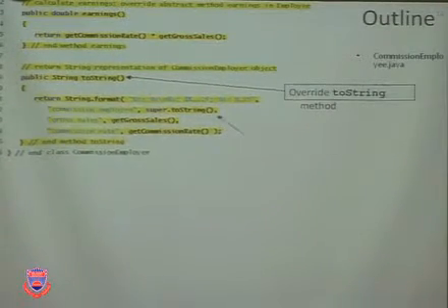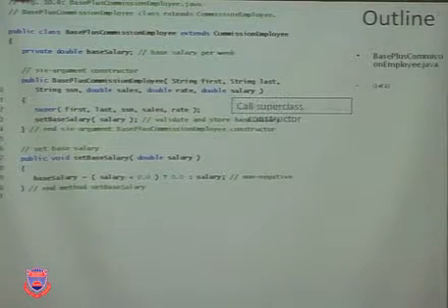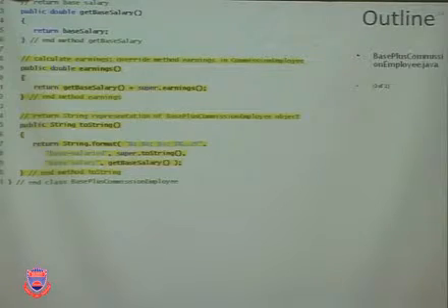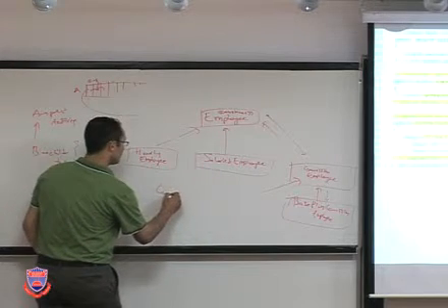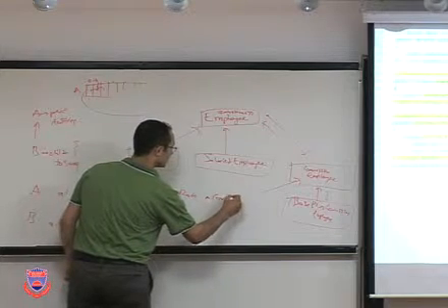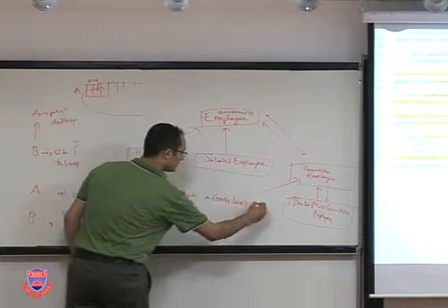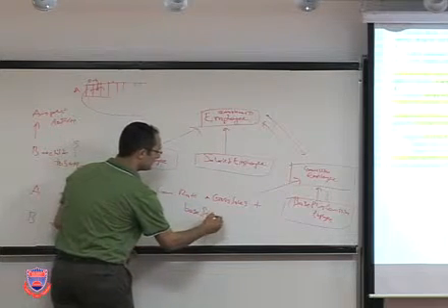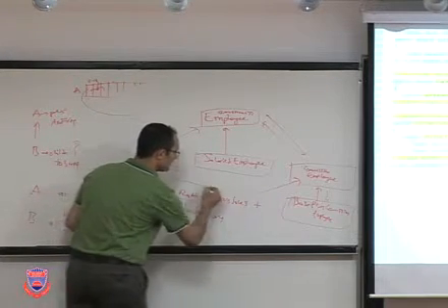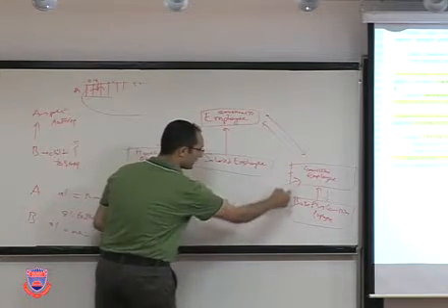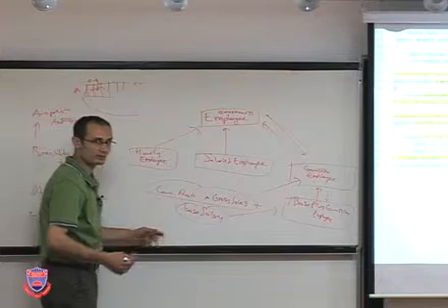In the extended one, the method is implemented commission rate times gross sales plus the base salary. This is the only difference. So this part is already common in here, and you're just adding this onto whatever is presented here to implement the overall calculation.